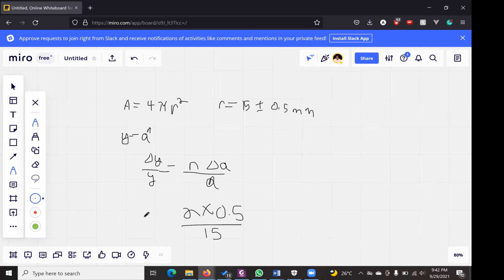This would be your delta A over A. Sorry, I'm trying to write that a bit better. So in r squared, the power is your n, the variable in this case is your r, and the n is 2. Tell me if everybody's seen that. Anybody have any doubts with that?